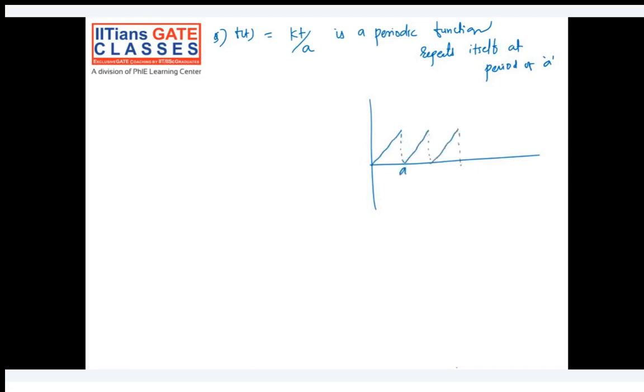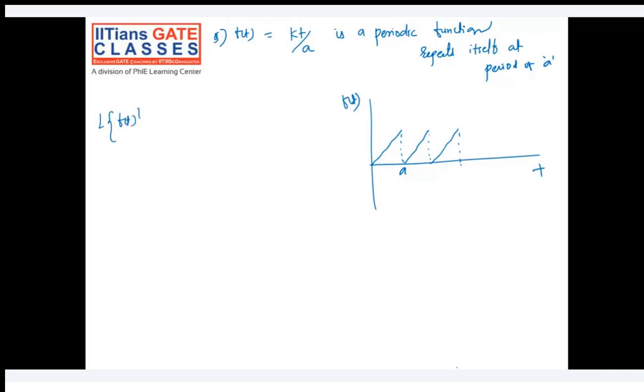So this is the t versus f of t, kt by a. After each a, it will repeat like this. This is the given question to you, and you're supposed to find the Laplace transform of it.